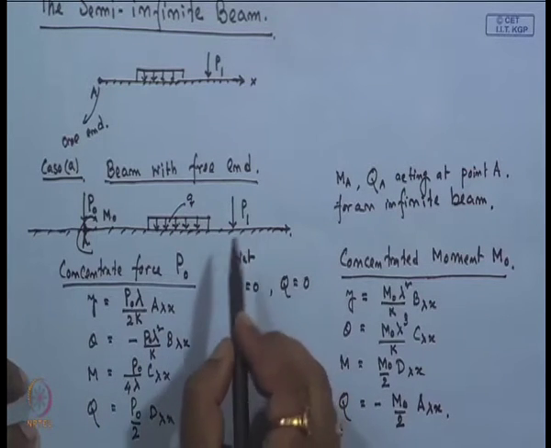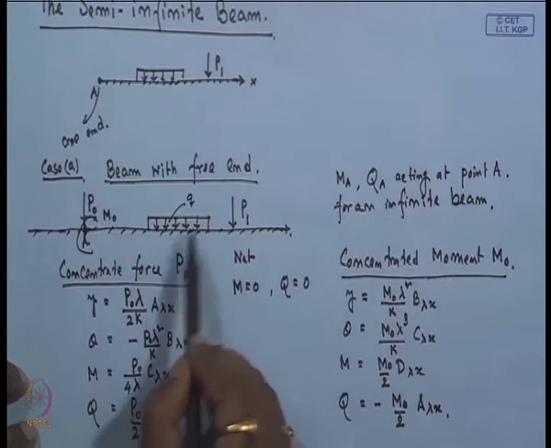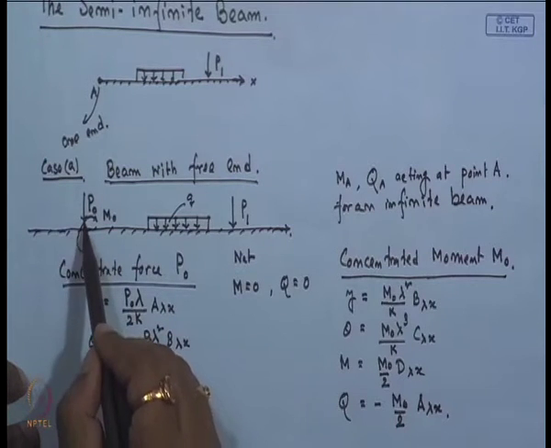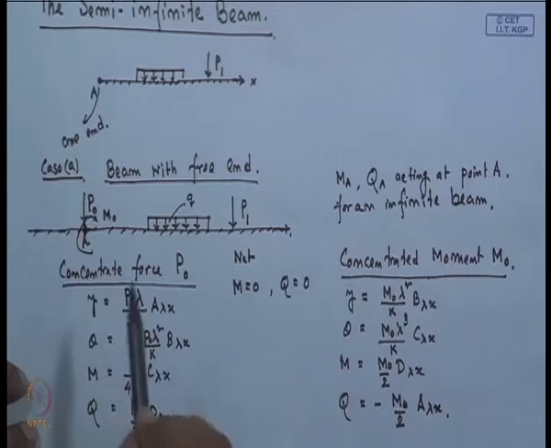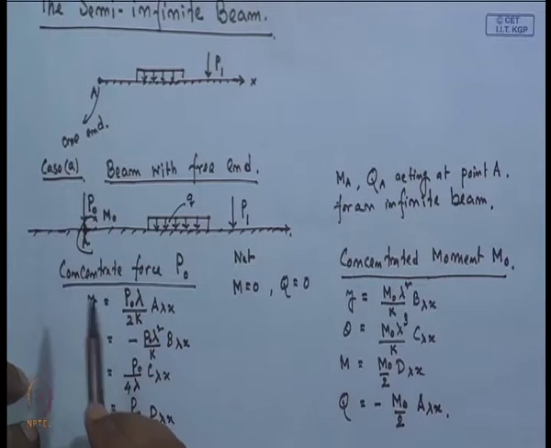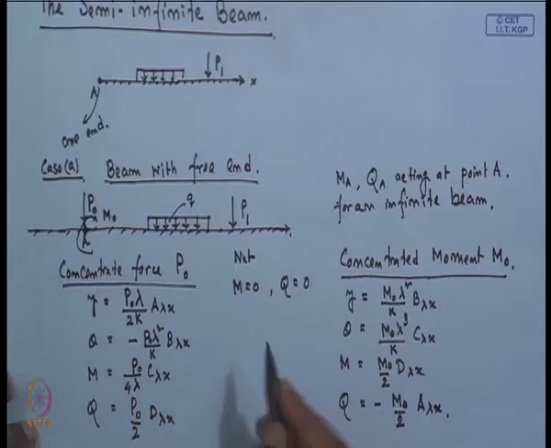That moment value is m a. Another moment will develop at the point due to the application of this P 0, and another moment is due to application of m 0. So, there are 3 components of the net moment, and that net moment is 0.